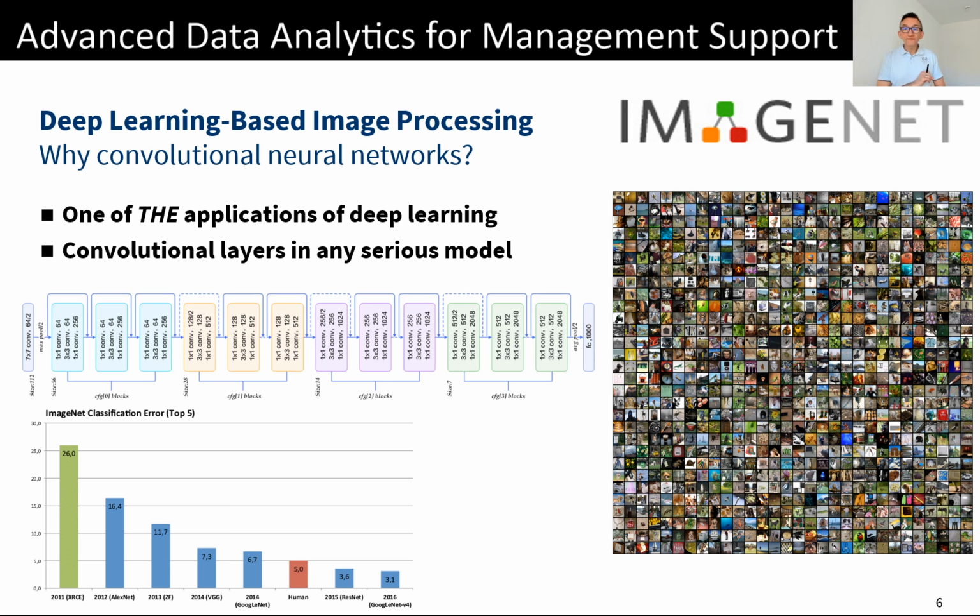We have talked briefly about the ImageNet database and the annual ImageNet competitions that used to be organized, where people would try to perform a couple of image processing tasks using the images from this enormous database, ImageNet.